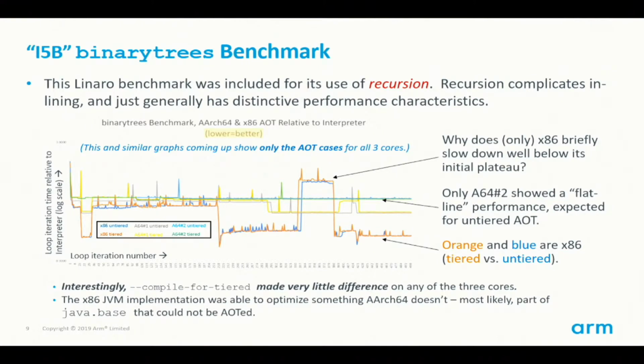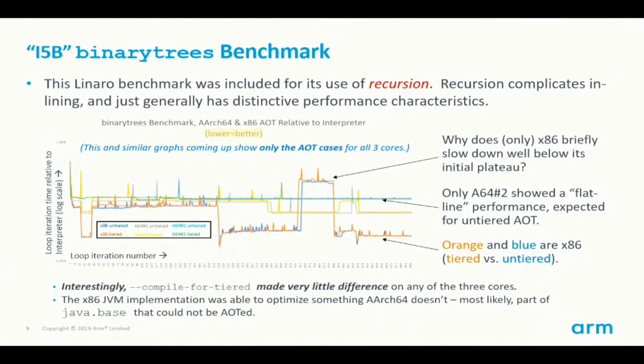Now, the first thing that was really interesting about this particular run is that tiered, compiled for tiered or not, didn't make a lot of difference on any of the cores. That was really curious. Now, you see, like for instance on the x86 picture, you can see that the orange and the blue are pretty much right on top of each other.